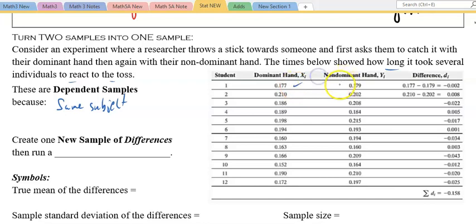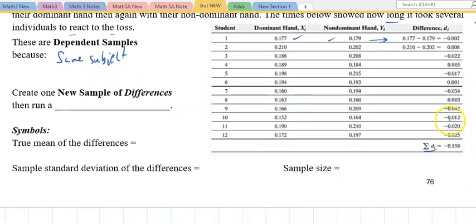They did the dominant hand, the non-dominant hand, and they figure out the difference between them. And they sum the difference. Now, since you're subtracting those, if the sum is negative, that means the non-dominant hand is dominating over the dominant hand.